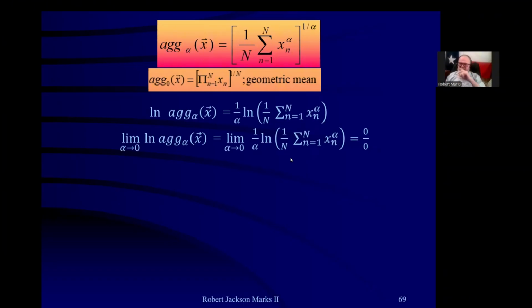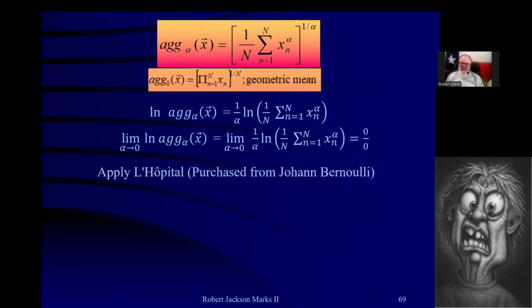Now, I heard one time that L'Hopital never generated L'Hopital's rule, that he borrowed it, or he bought it from somebody else. In other words, he wanted his name associated with a great theorem. And I checked it out, and it was true. L'Hopital purchased this from Johann Bernoulli.